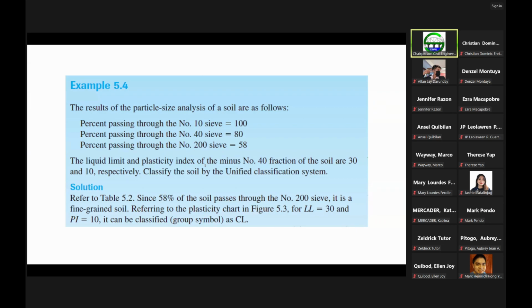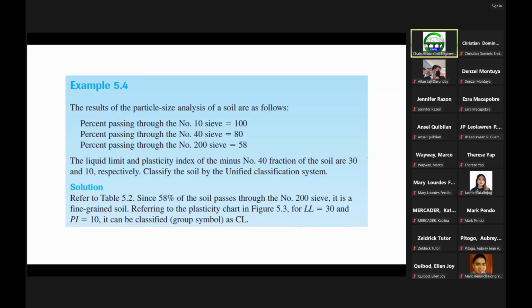Here also, the liquid limit and the plasticity index of the minus 40 fraction, that includes the 200, of the soil are 30 and 10. So LL is 30, PI is 10. From this data that we got in the lab, we are asked to classify the soil by the Unified Soil Classification System.